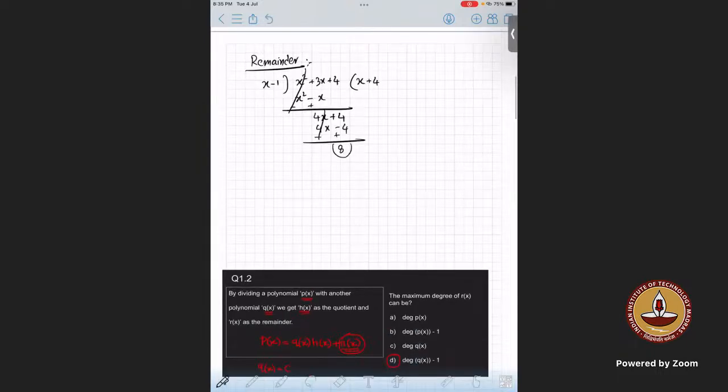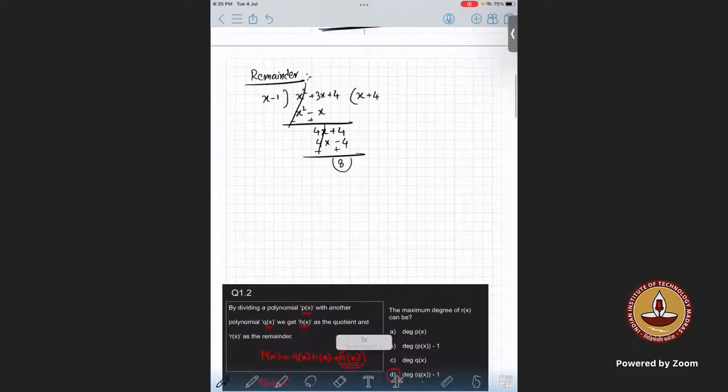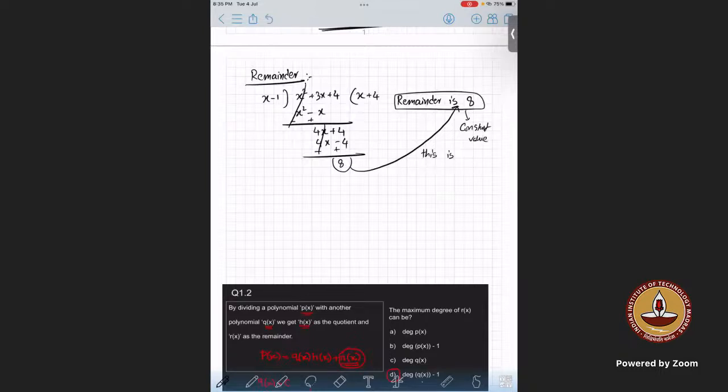Look, the remainder is 8, which is a constant value. But this is not the case with every division. We have to look at why we stopped at 8.